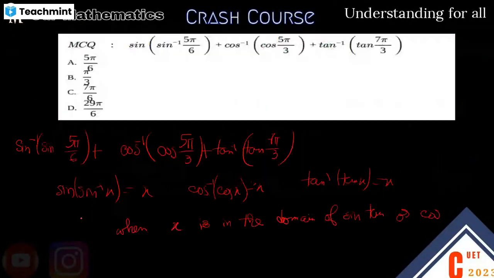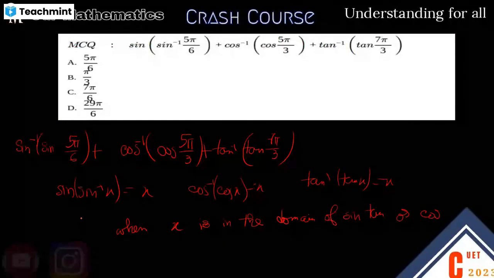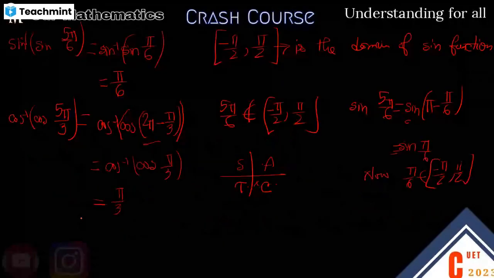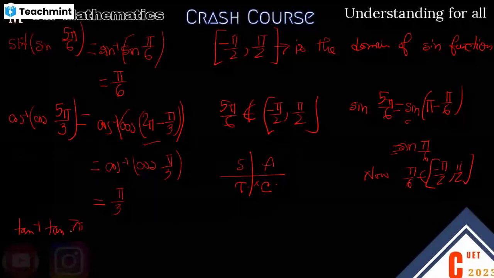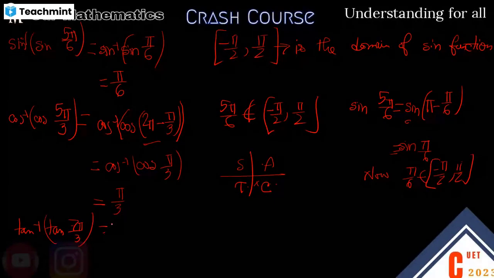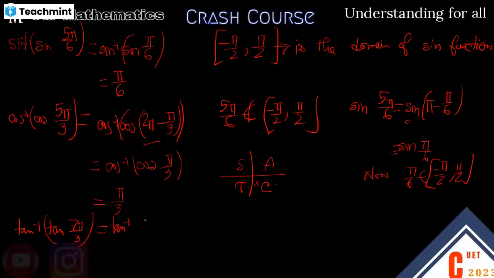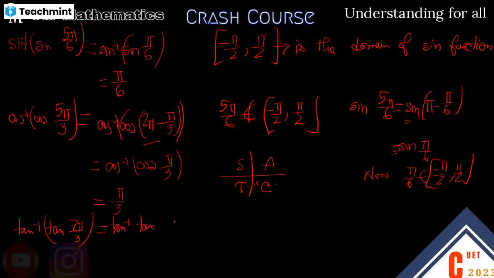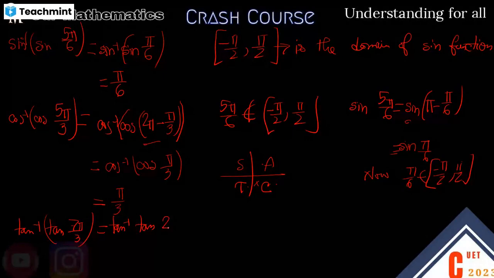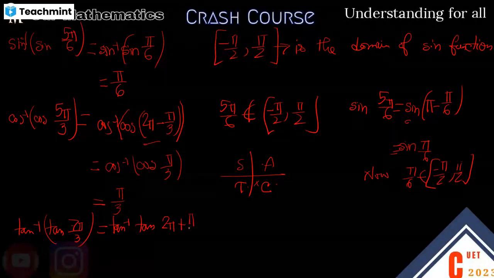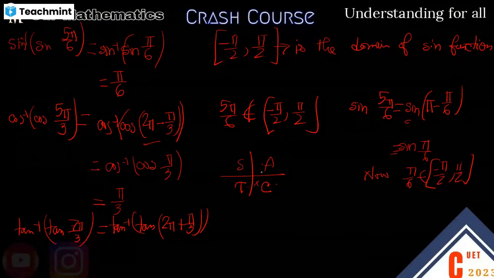Similarly, the next is tan inverse tan of 7 pi by 3, which is equal to tan inverse tan of 2 pi plus pi by 3, which is in the first quadrant, right?